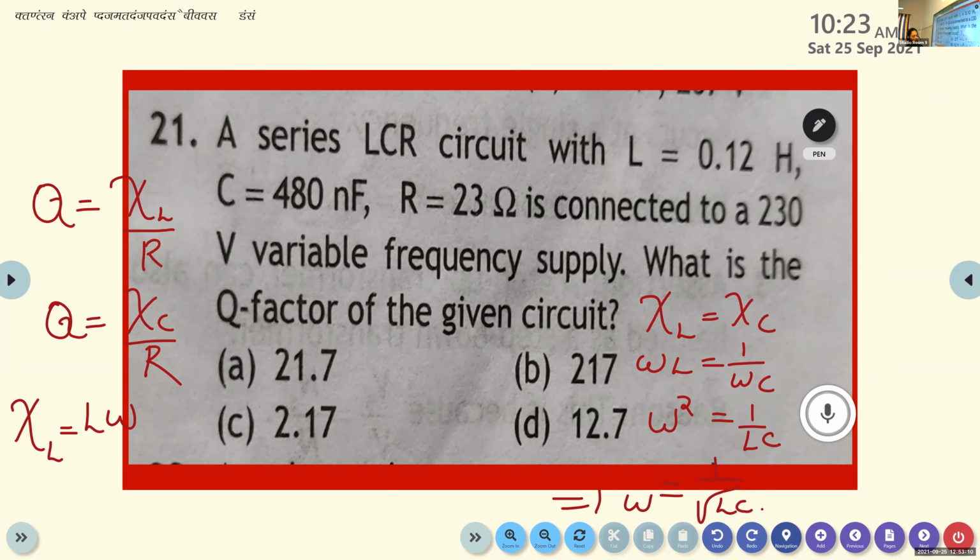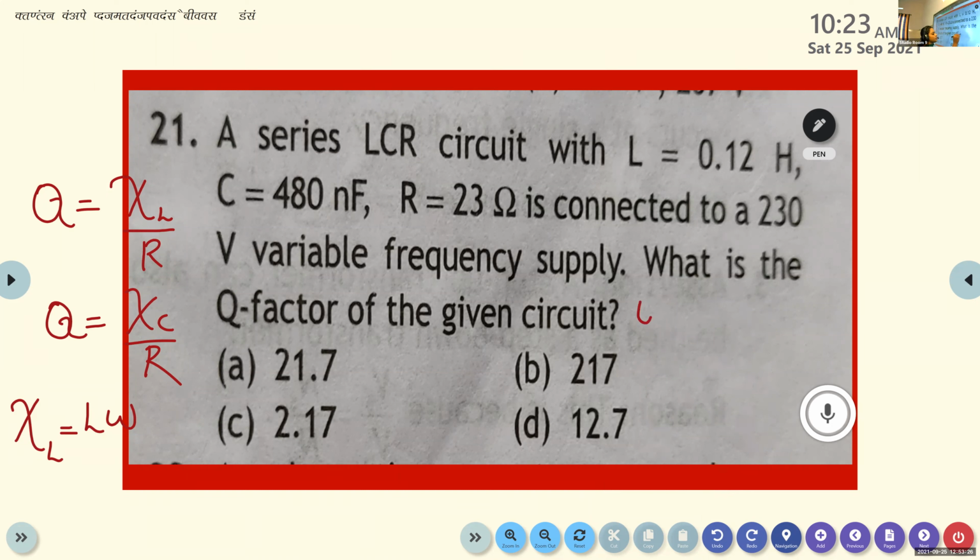Okay, so here the value of inductance and that of the capacitance is given. Inductor is with inductance 0.12 Henry, capacitor is with the capacitance 480 nanofarad. So we can easily calculate the value of omega using the equation.